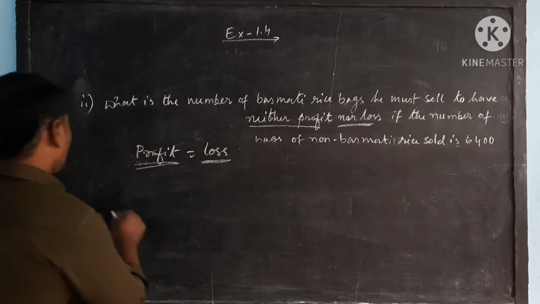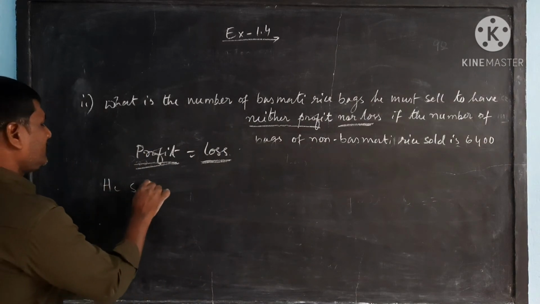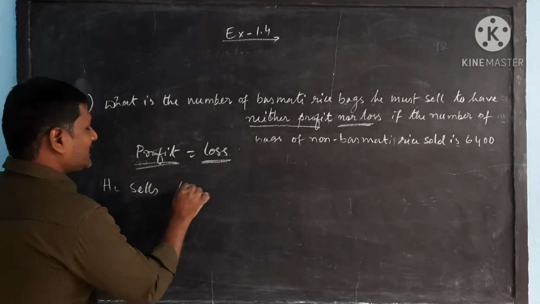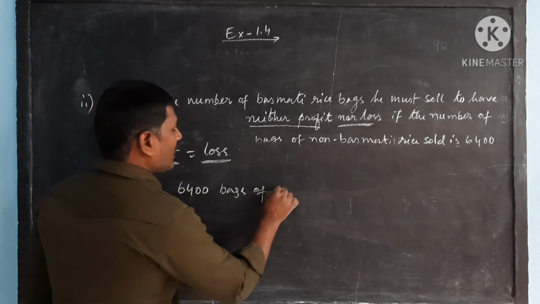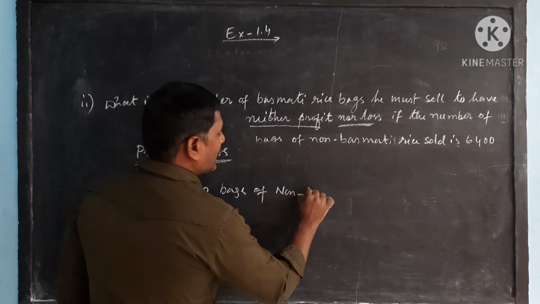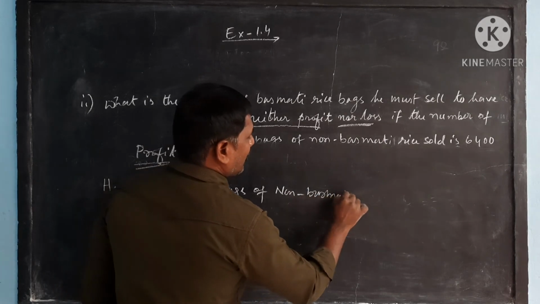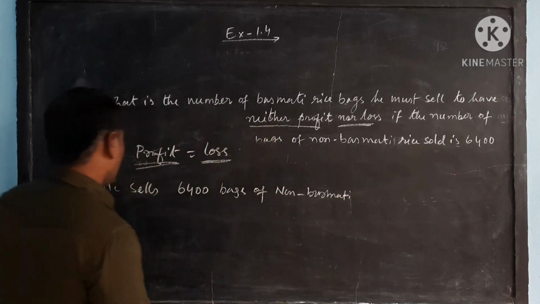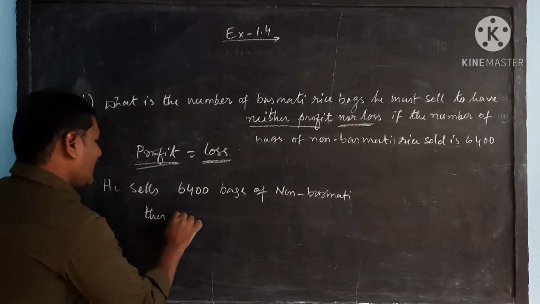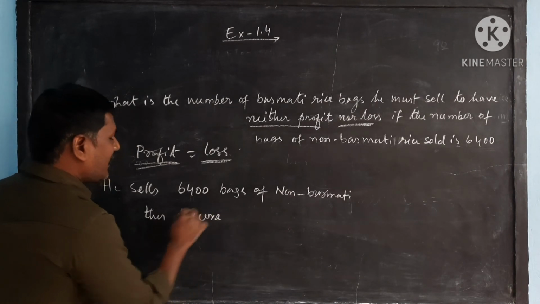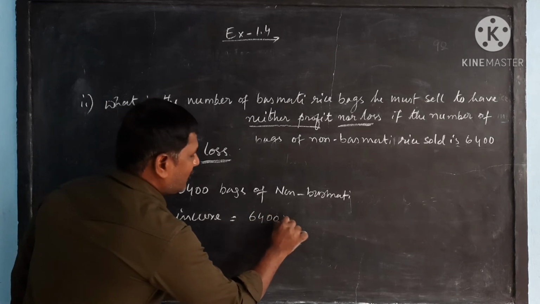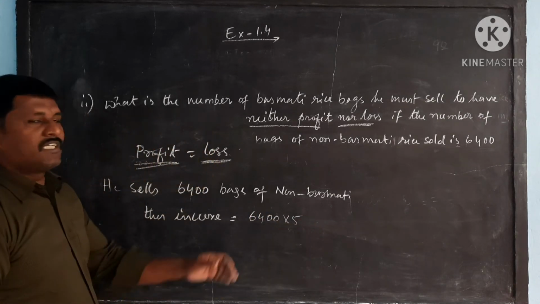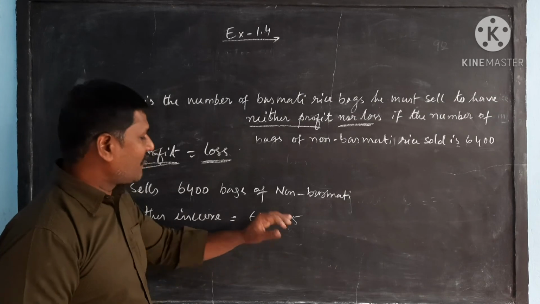Let us see. He sells 6,400 bags of non-basmati rice. It is given in the question. Then he will incur a loss of 6,400 into 5, because he loses 5 rupees for every bag.